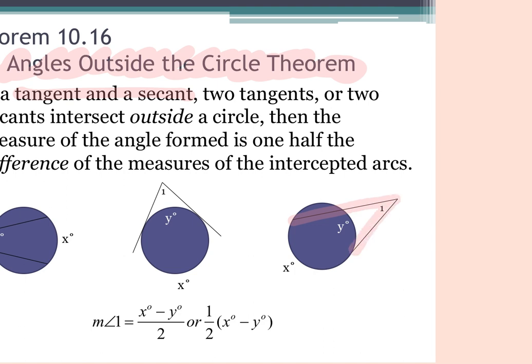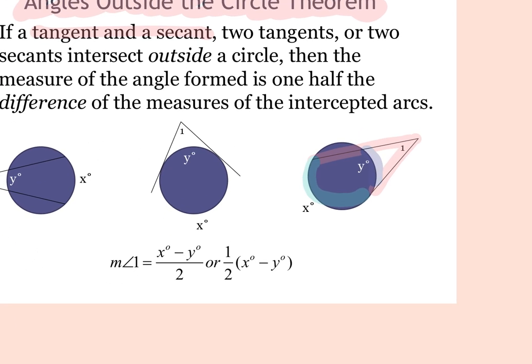The angle formed by a tangent and a secant can be found by doing the arc on the opposite side. So we call this the big arc minus the little arc divided by 2. So a lot of times you'll see that. Big minus little divided by 2. And that equals an outside angle.